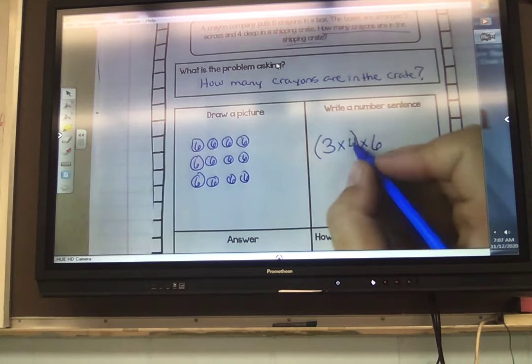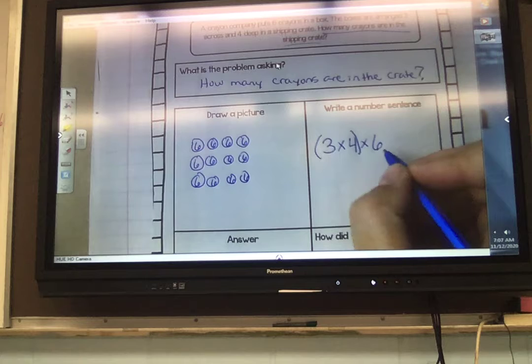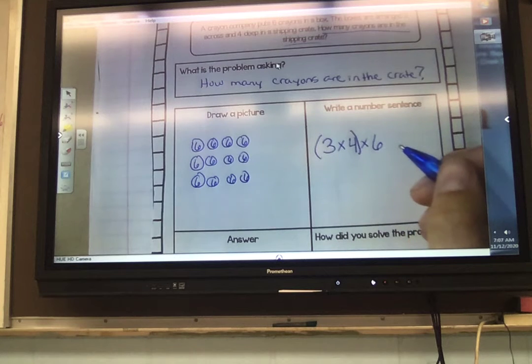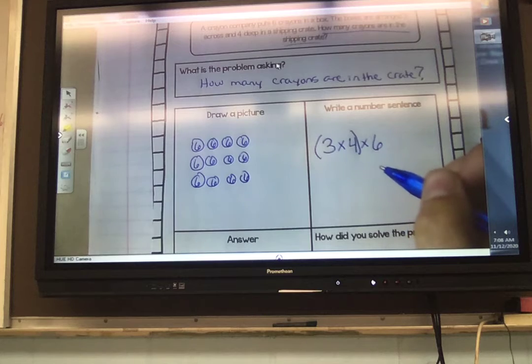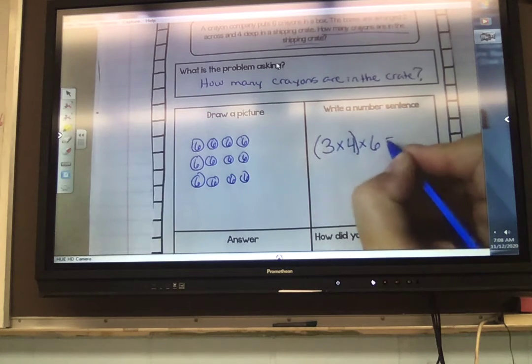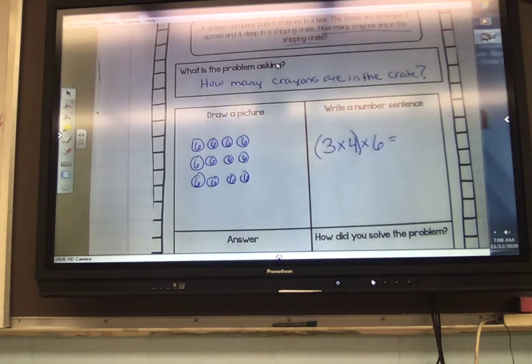If you put 6 and 4 together, you're going to get a big number like 24. If you put 6 and 3 together, you're going to get a fairly big number, 18. So I like working with the 2 small factors first. So here's my number sentence that I'm going to try to solve. Yes, go ahead and put those factors that you want to multiply first in parentheses.